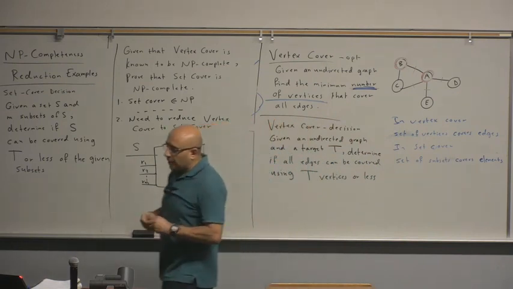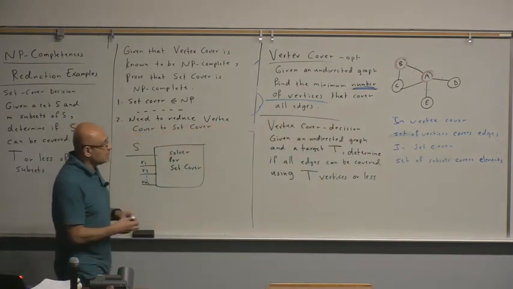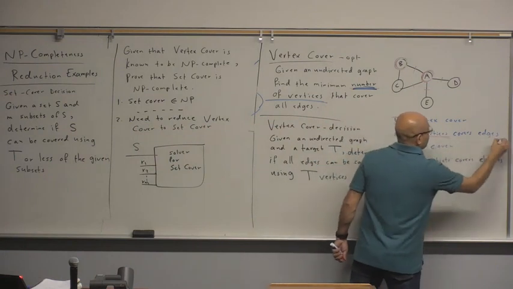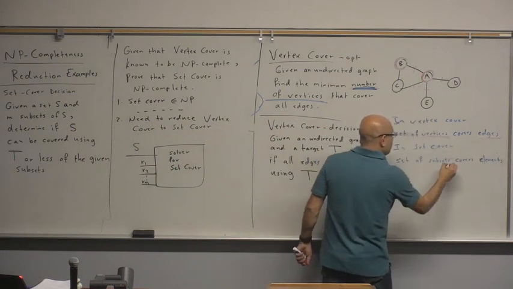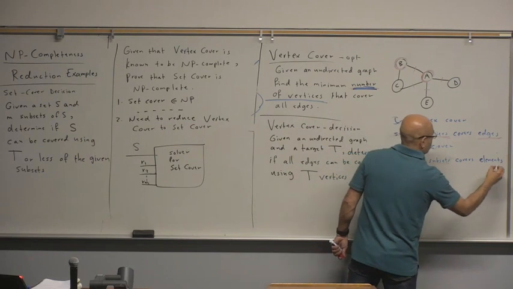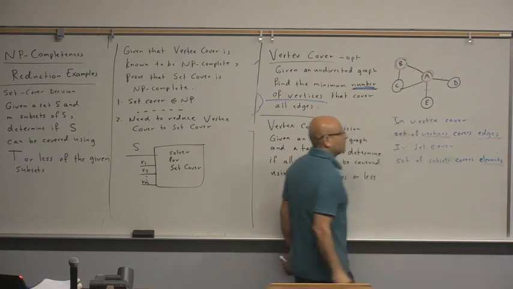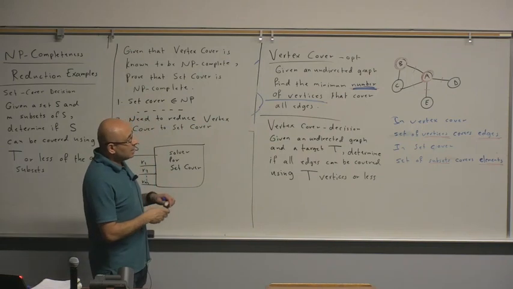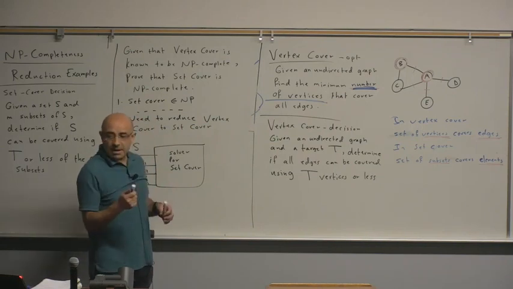So we're trying to find a mapping between the two problems. In this case, vertices cover edges, and here subsets cover elements. So how do we do this mapping?